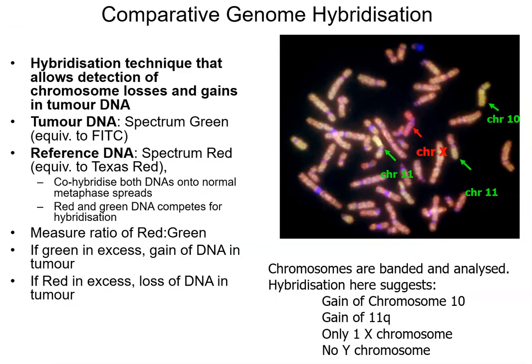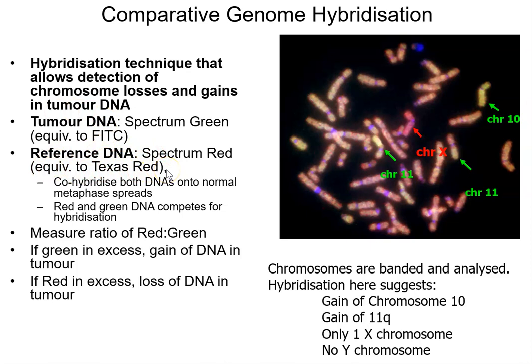Now, there's other ways which you can use FISH-based techniques. One of those is to look at relative amounts of individual chromosomes. And one technique is comparative genome hybridization. In this technique, we use it for tumours where we want to know whether a particular chromosome region has been lost or gained. What we can do is take some normal reference DNA, in this case red.